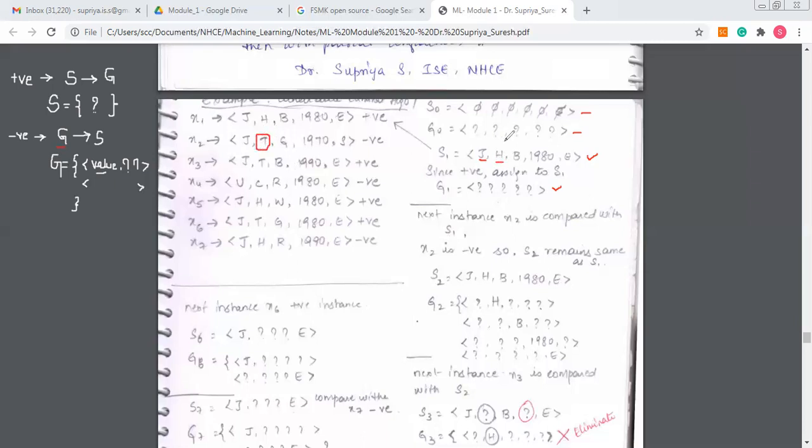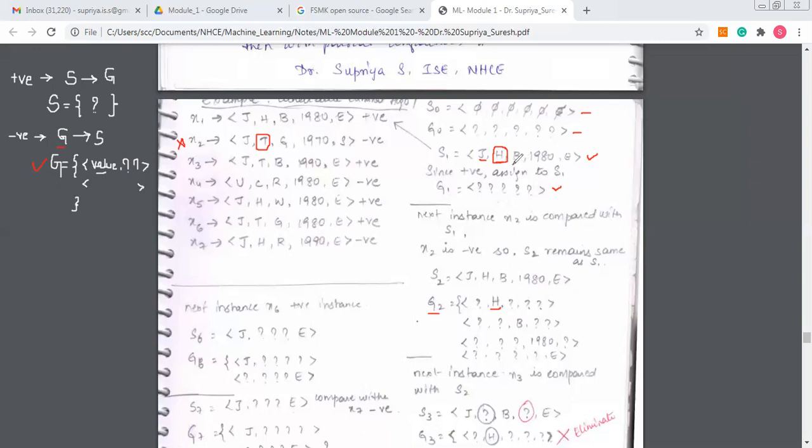So I'm going to take this particular value from the specific term, S1. I'm not going to touch the instance value, but I pull out the specific value of S1 and write it here. Generic to specific value. I take the value and put it, and all the remaining are going to be question marks.